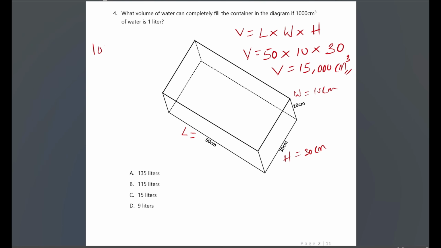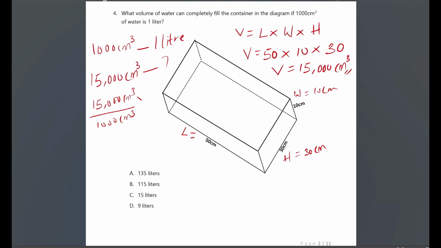But then we want the volume in terms of liters, knowing that every 1,000 centimeters cube is equivalent to 1 liter. So this time we have 15,000 centimeters cube. So if 1,000 centimeters cube is giving us 1 liter, then 15,000 centimeters cube is 15,000 centimeters cube divided by 1,000 centimeters cube multiplied by 1 liter.